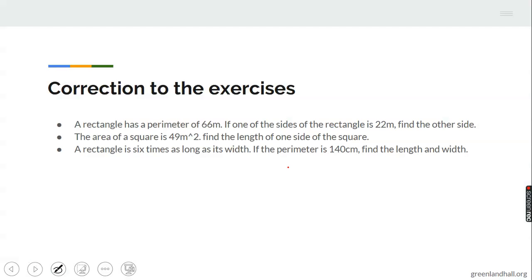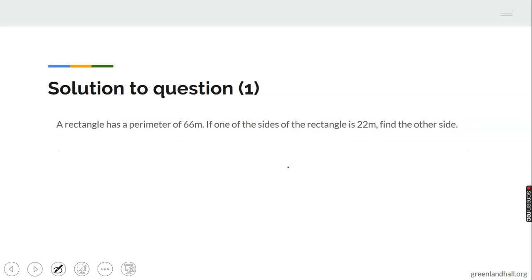I will start the class by talking about the correction of the last class. I gave some exercises and I will be doing the correction to those exercises. The first question is under word problems relating to simple algebraic equations.